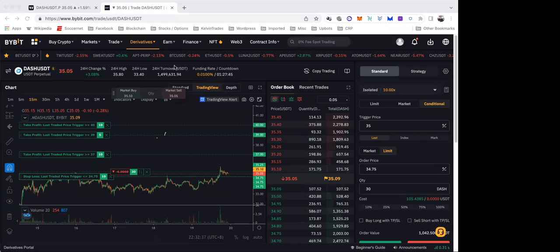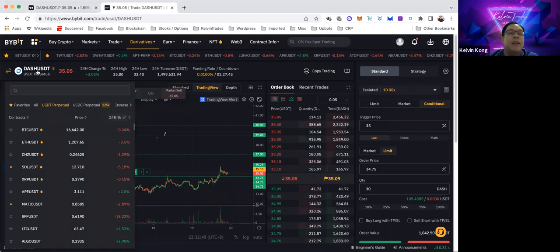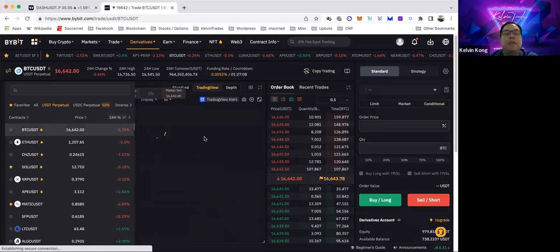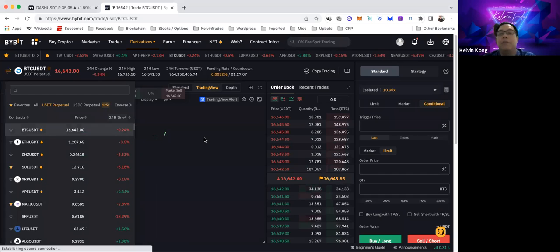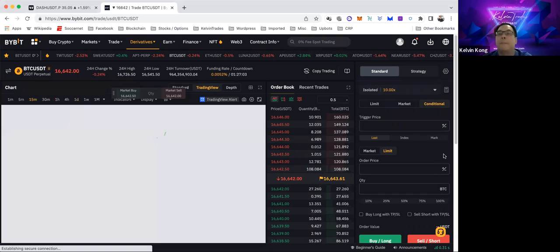Very cool thing. This one I will use a small quantity to show you, because this one can lose a lot of money, but can also make a lot of money. Since it's a demo, I'll use Bitcoin to demo this cool thing.